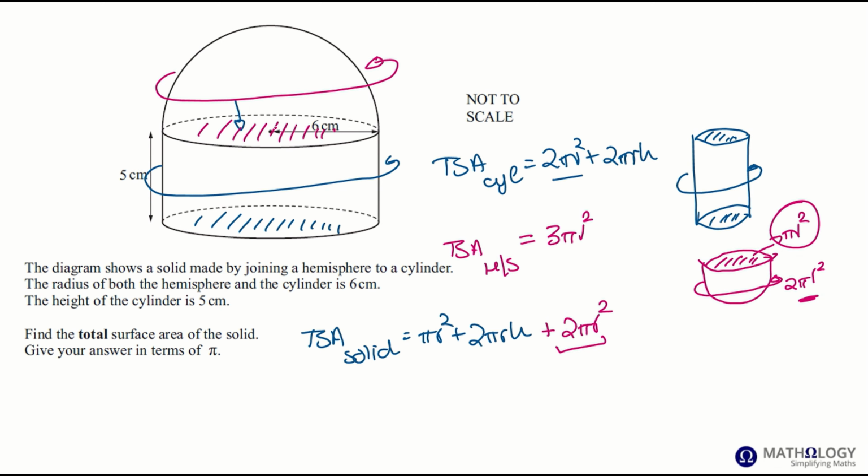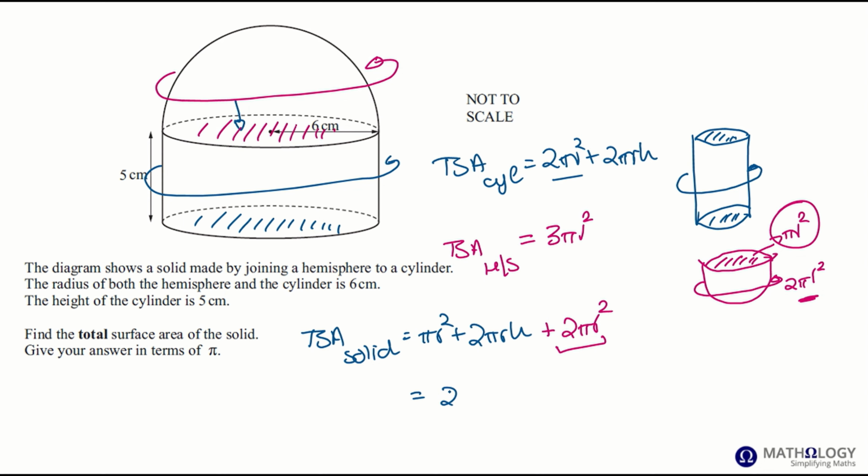Now, because the radius of both the hemisphere and the cylinder is the same, 6 centimeters, this r is identical. So we can add pi r squared to 2 pi r squared.